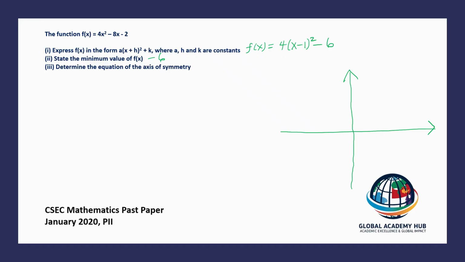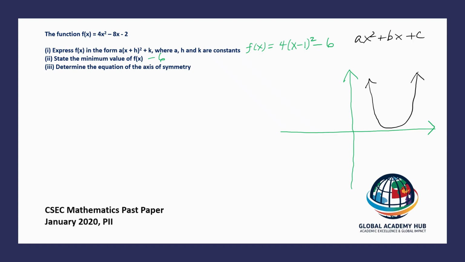So first of all, let's try to explain briefly what is meant by the axis of symmetry. So this is a parabola. This is what we expect if we have a quadratic equation with a positive leading coefficient. What do I mean by that? If I get the form ax² + bx + c and a, which is the coefficient of the x² variable, is positive, the parabola is going to open upwards.